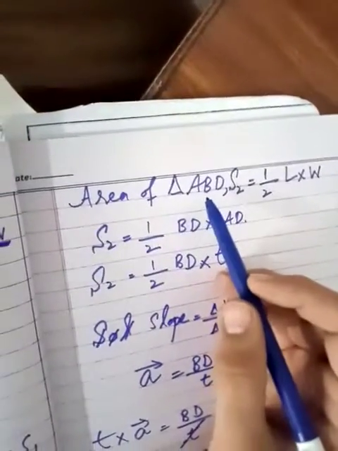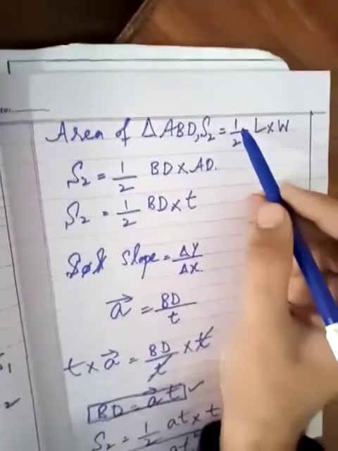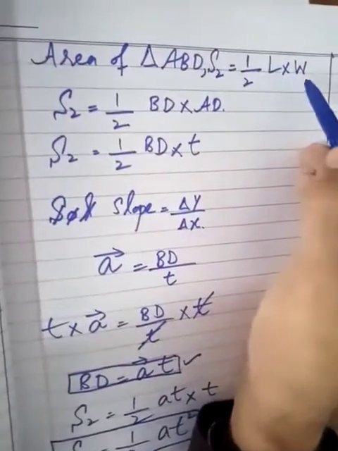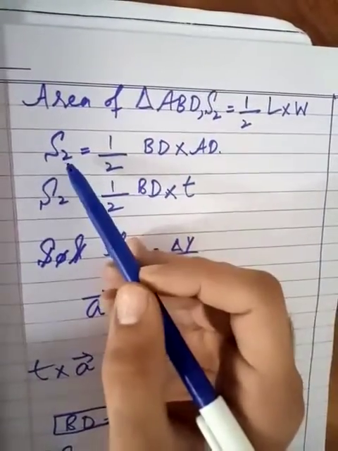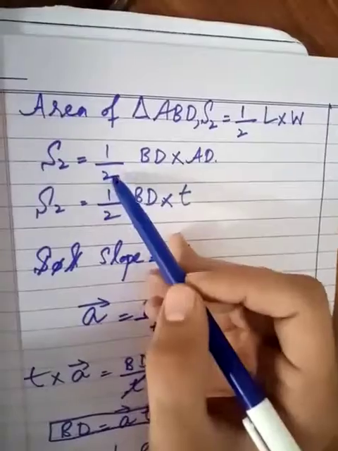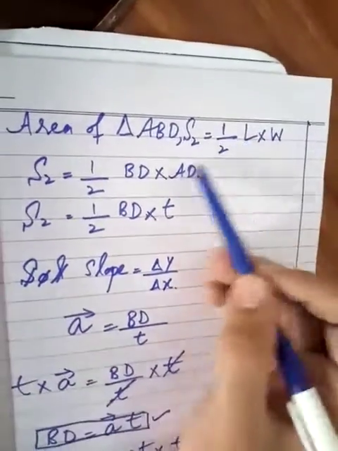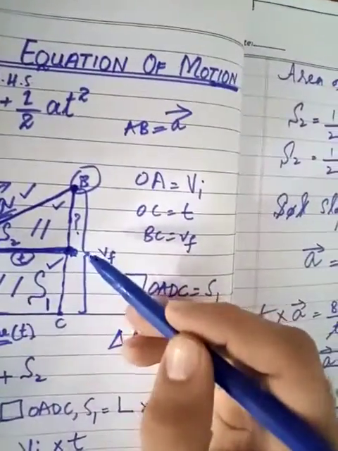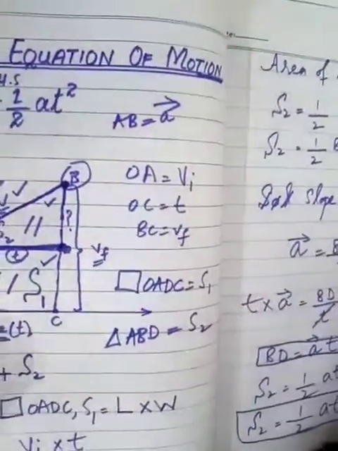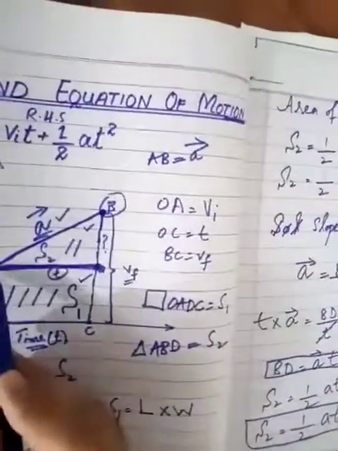And to find the area of the triangle, that is S2, we have to use the formula half length into width. So for the area of triangle ABD, S2 is equal to 1 by 2, which remains the same, while the length of the triangle is BD, and the width of the triangle is AD.